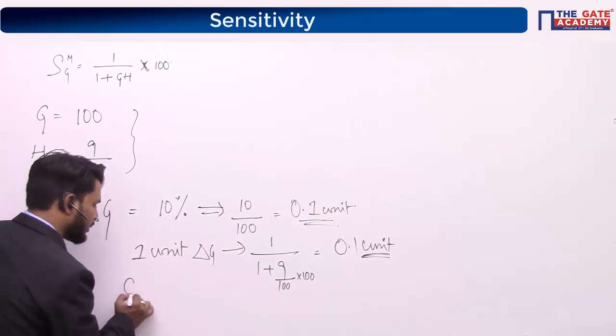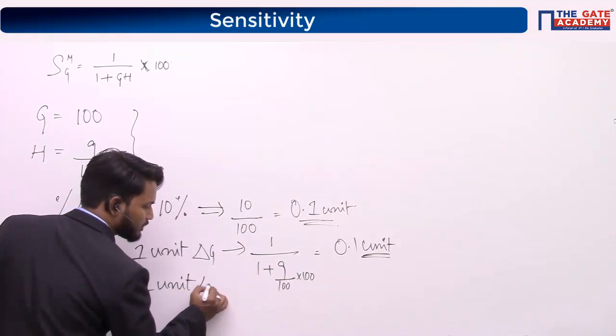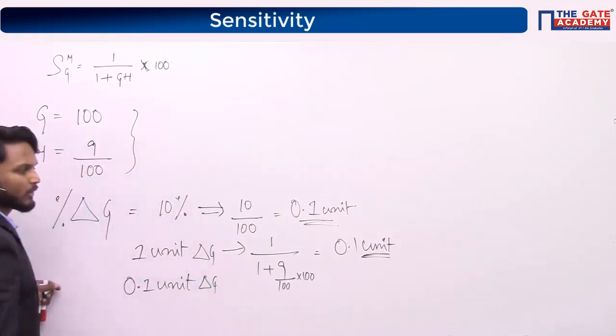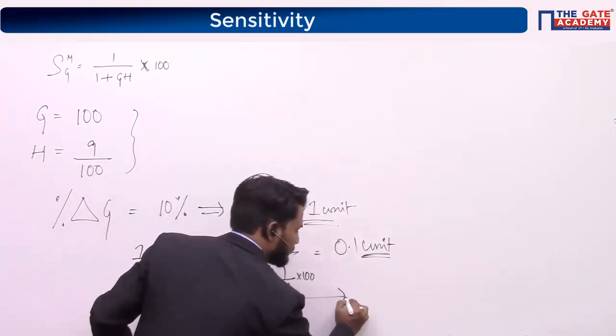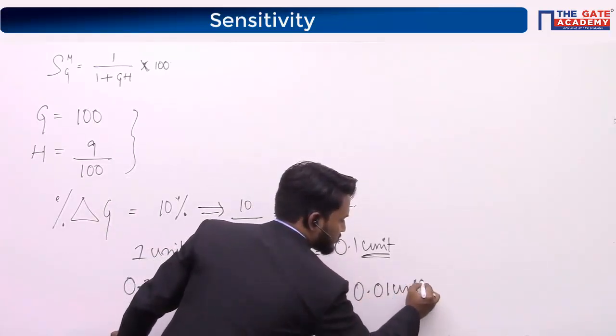For 0.1 unit change in G, overall change in M will be 0.01 units.